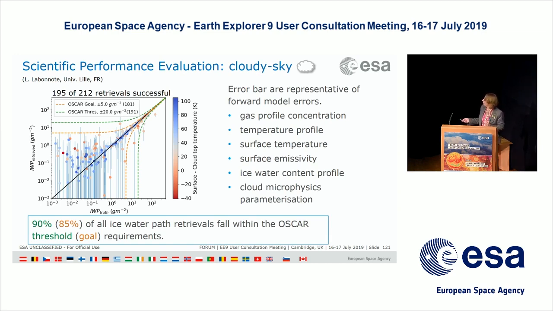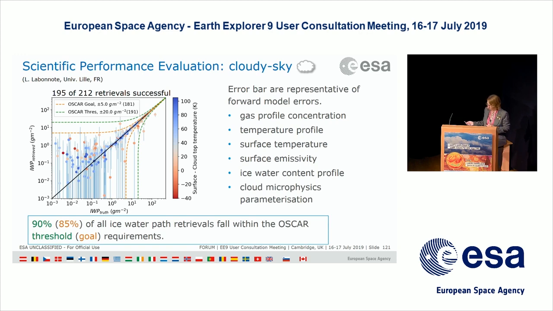So the green line, however, we are performing that well that we can constrain ourselves to the goal actually. And so you can see that 90% of all the cases fall within the threshold requirement for ice water paths, level 2 requirements. And these are all subvisible clouds, all this data here.